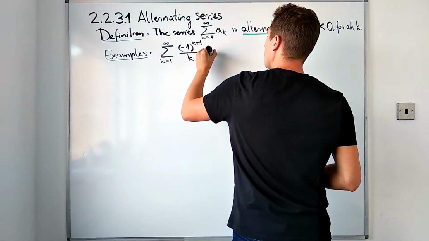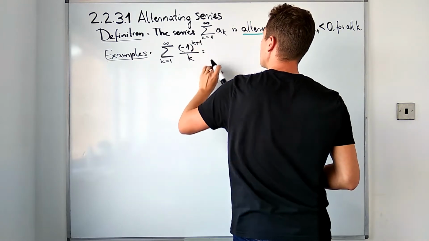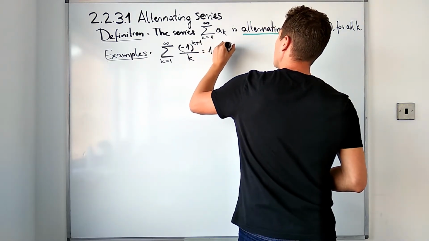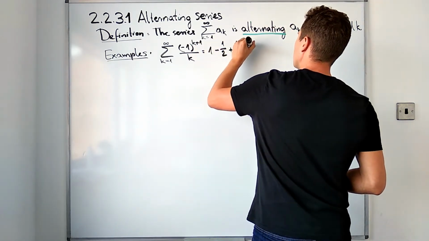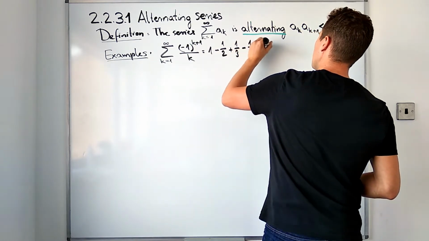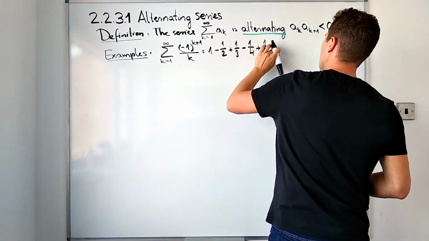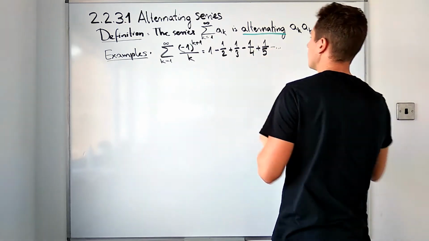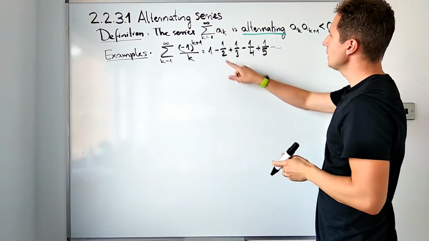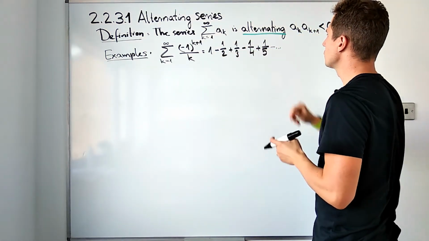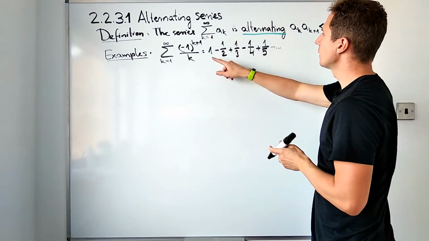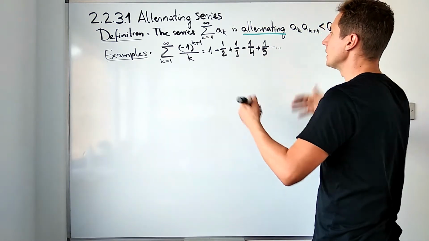So this is 1 minus a half plus a third minus a fourth. So you see what I mean by an alternating series. The signs keep changing each time we go to the next term. This is called the alternating harmonic series.